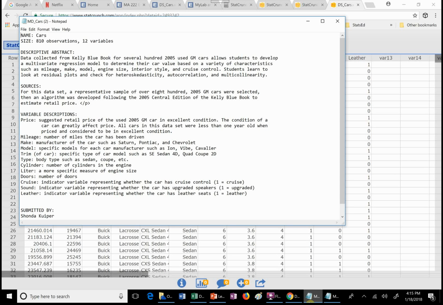Do you think leather's as important as make? That's like an accessory, so these are probably going to be secondary. This one maybe not so obvious. I've had one student that knows a lot about car prices, and he tells me that this is really tightly linked to price. So let's put a question mark.